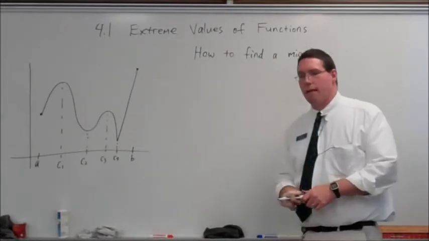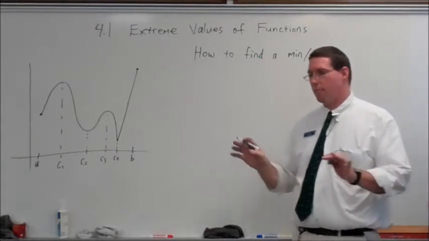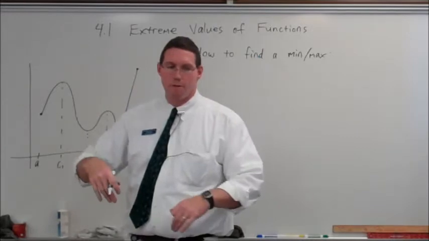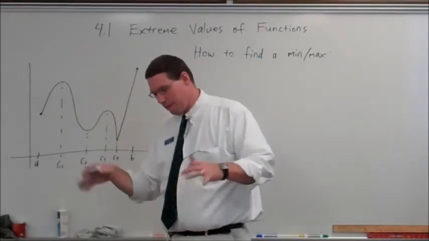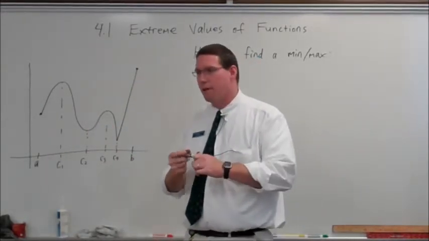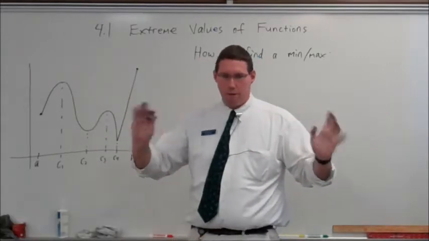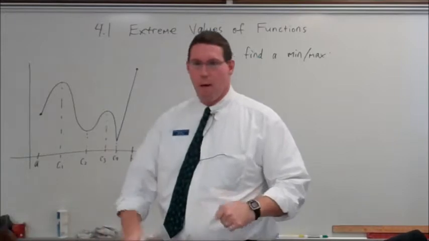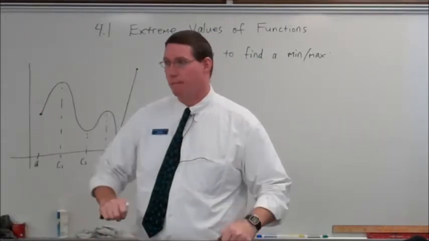So let's say we've had a minimum that ran away and it's lost, and we've got a maximum that ran away and it's lost, and you get all your friends and neighbors together, and you say, okay, listen, we got to look for the minimum, we got to look for the maximum. I'm going to give you guys some instructions on how to find the minimum and maximum, and once I give you those instructions, you guys run out, we'll find them, okay?